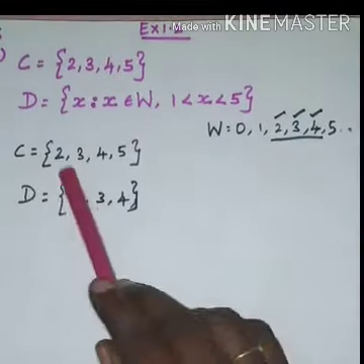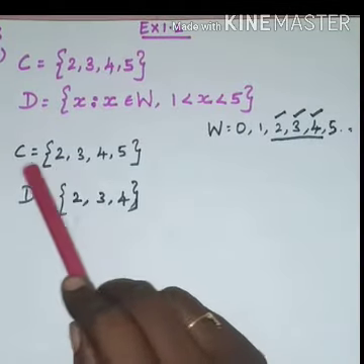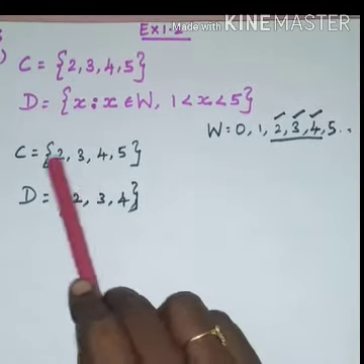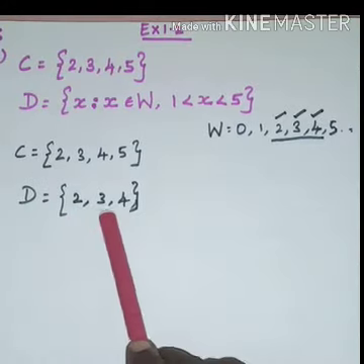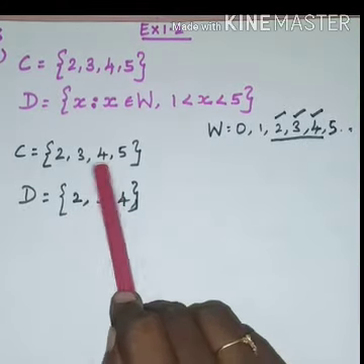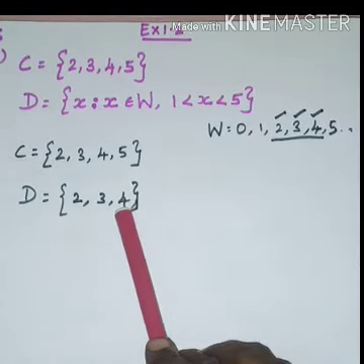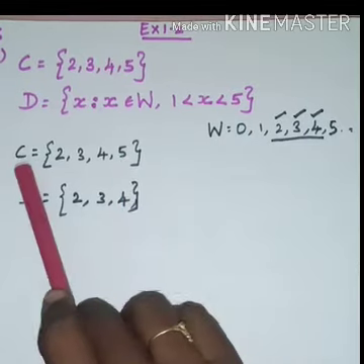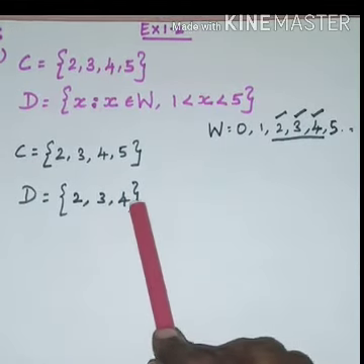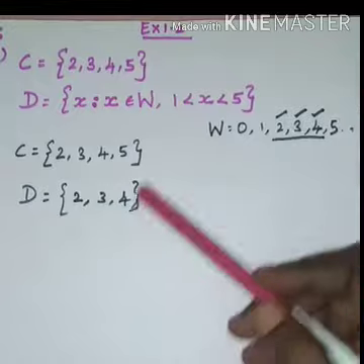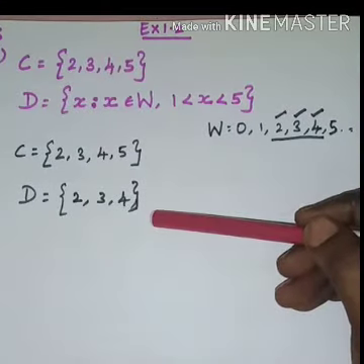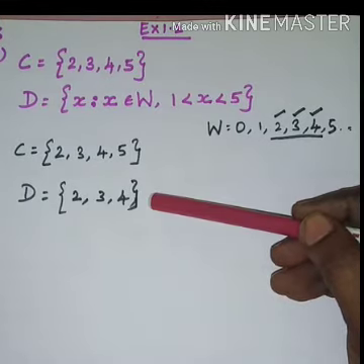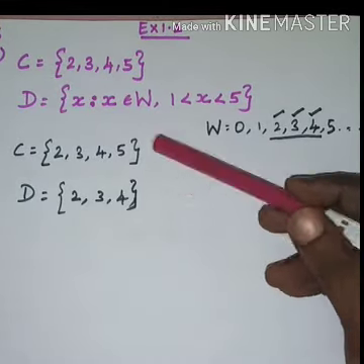Here, the element 2 is there in C and 2 is also there in D. 3 is there in C, 3 is also there in D. 4 is there in C, 4 is also there in D. The element 5 is there in C, but here the element 5 is not there. So these two sets are not equal, they are unequal sets.